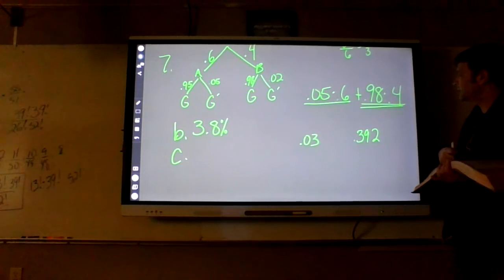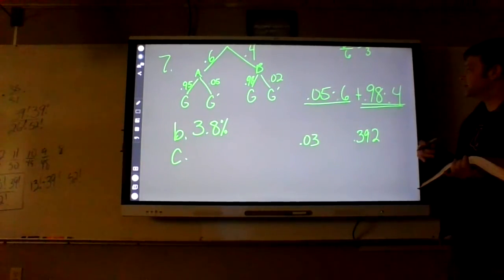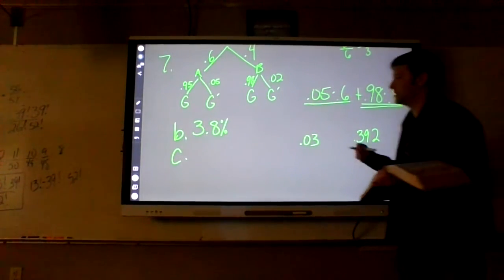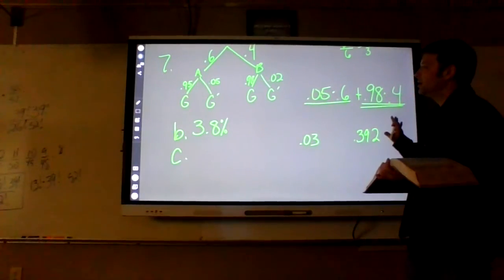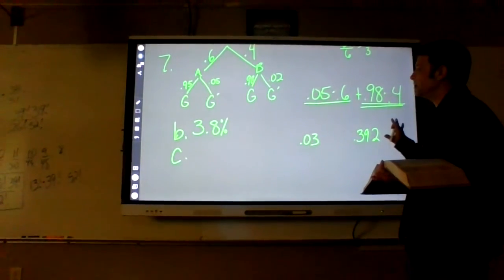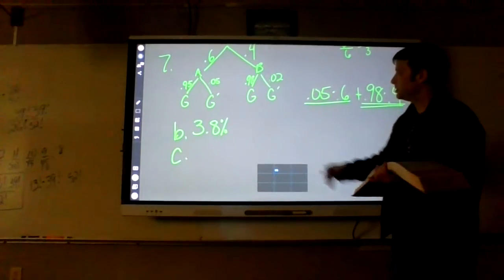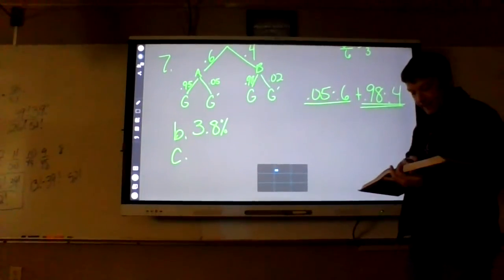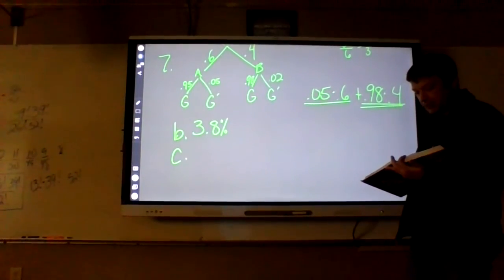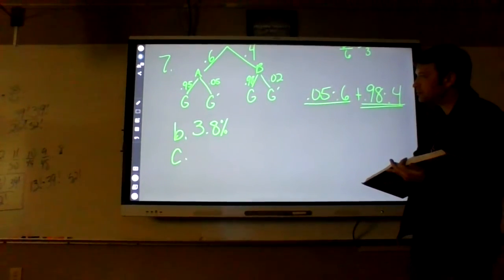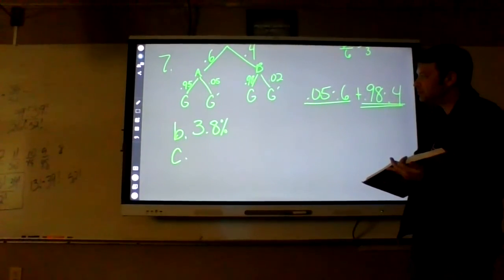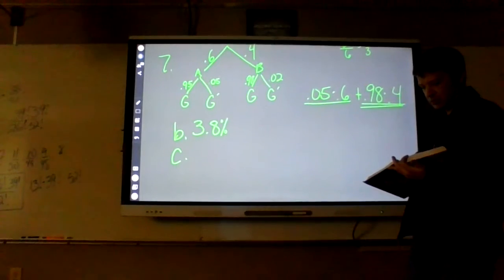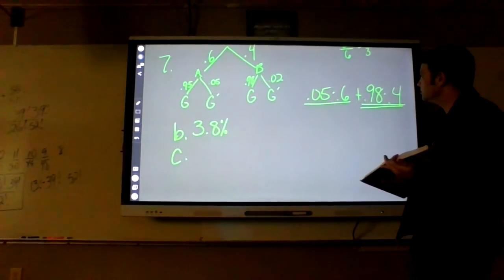No, it's wrong. Oh, we did the good ones. That is making sense, it should be a lot smaller. Sorry, we did the good ones. So we need to do the bad ones, basically. We just need to do 0.02 times 0.4 instead of 0.98.